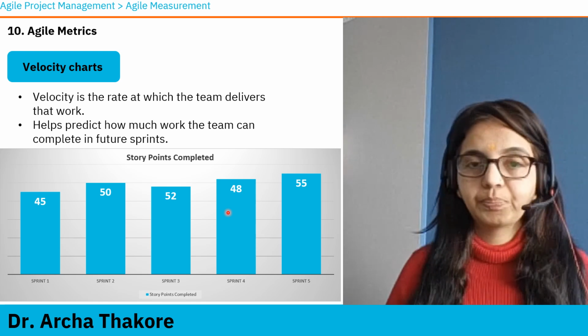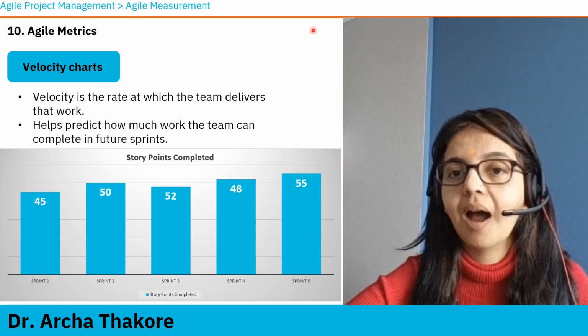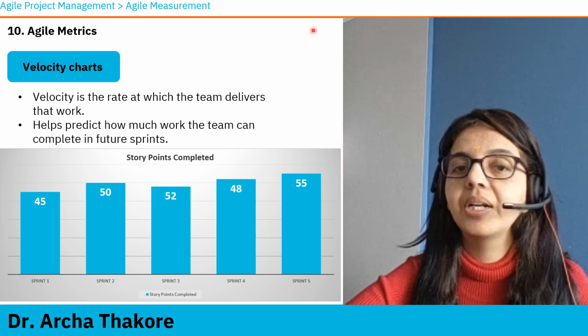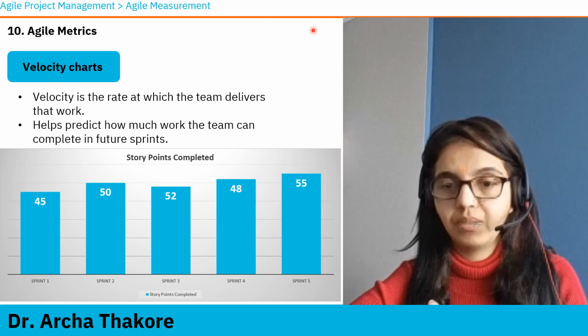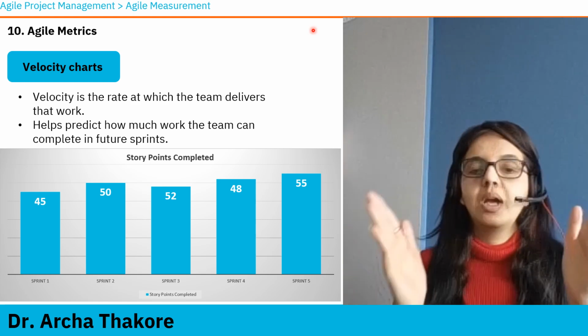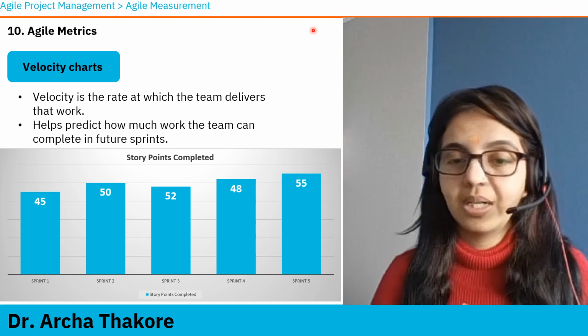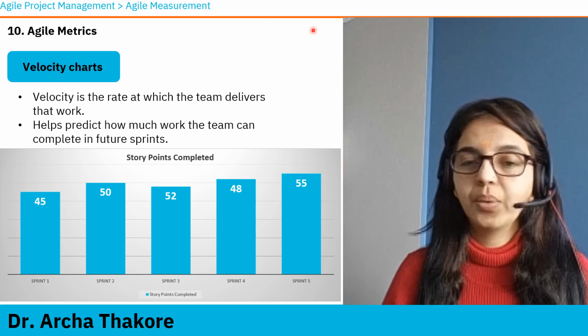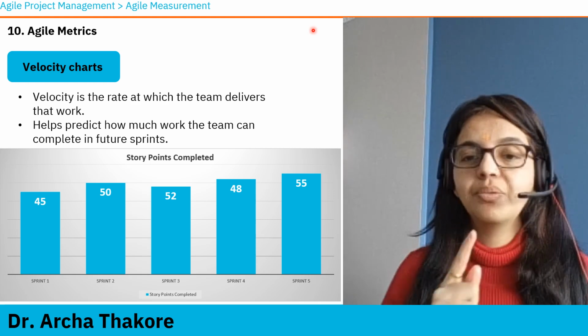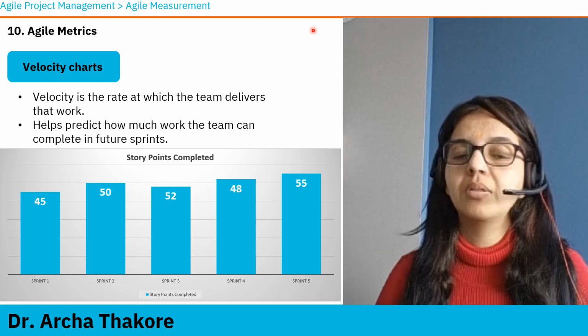Say, for example, there are a total of 500 story points in a project, to complete a feature. The team needs to complete 500 story points. Now we know that the velocity of the team is 50 story points per sprint.